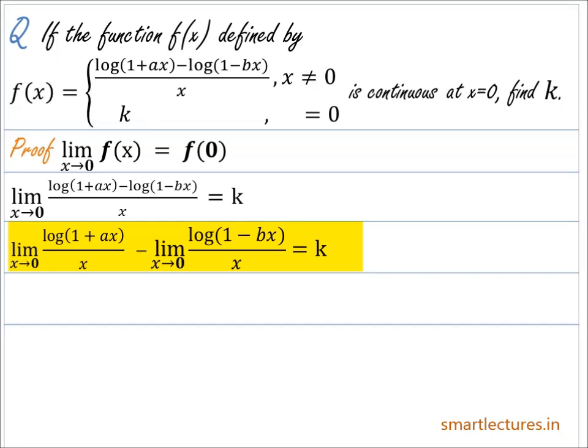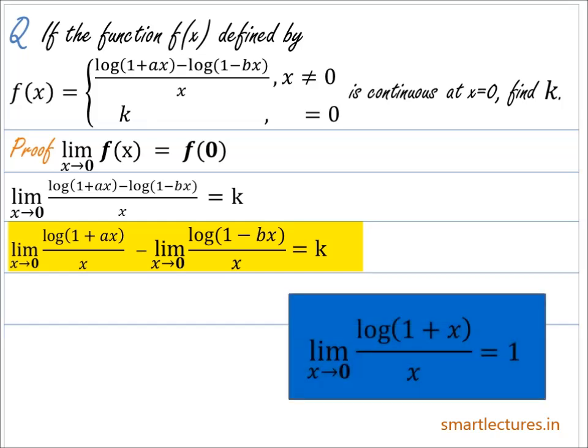And now from the properties of limits, you know it very well that limit x approaches 0, log of 1 plus x upon x is equal to 1. But here we are given log of 1 plus ax upon x. So if we can write this in the form of log of 1 plus ax upon ax, then it will be quite easy for us to find the limit of this function.